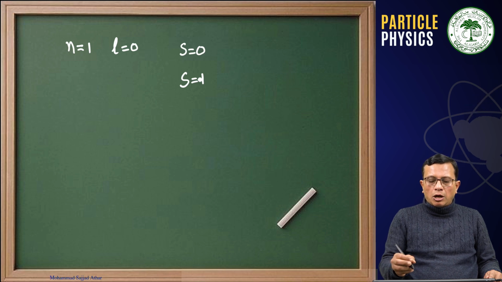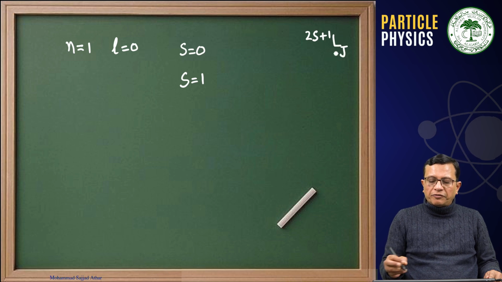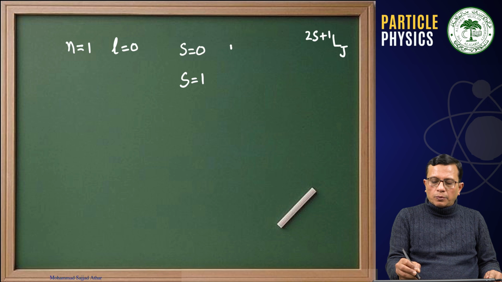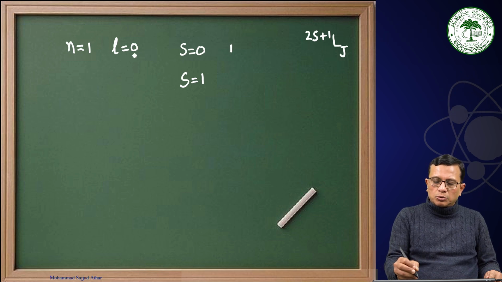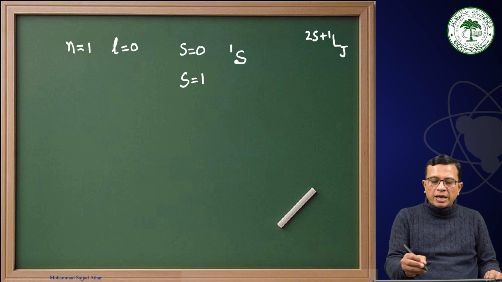Now an atomic state is represented by 2S plus 1, L, J. Therefore when S is 0 and L is 0, that corresponds to an S state, and J is 0.